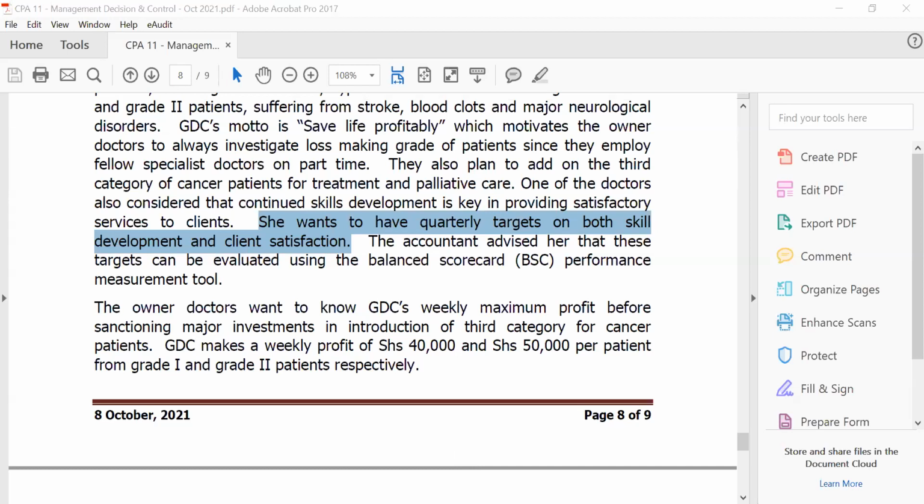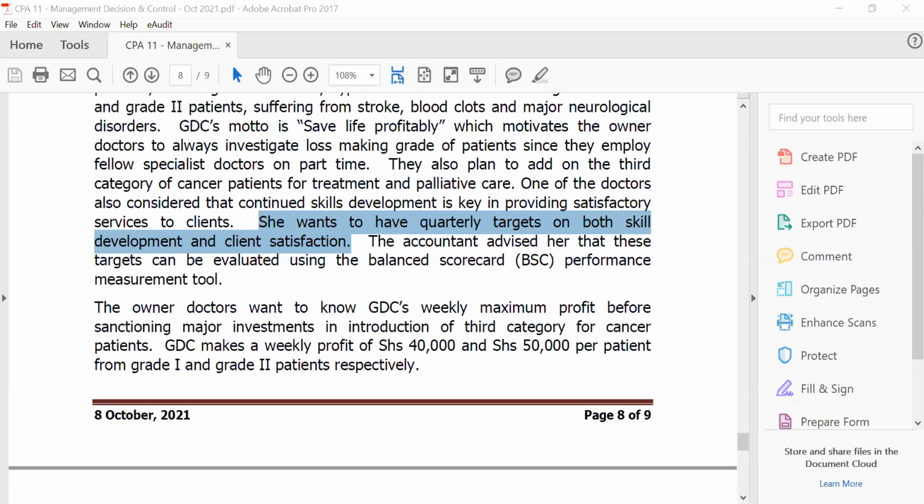So given that perspective, you can respond to this. Basically explain the tool and then provide an evaluation on each of the outcomes. Speak about innovation and growth, the internal business process, and then finally the financial.